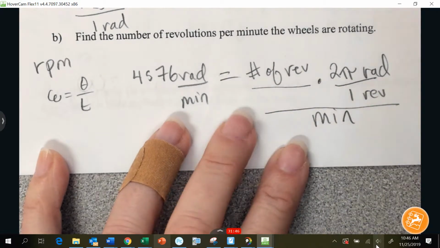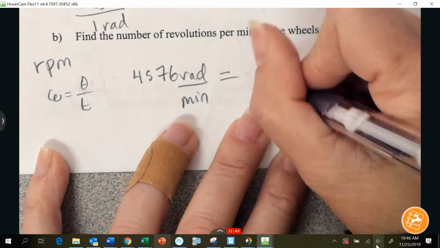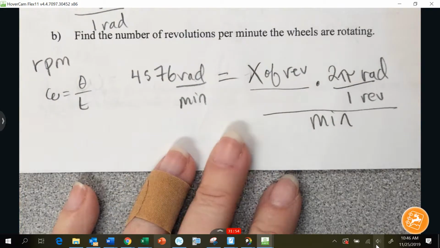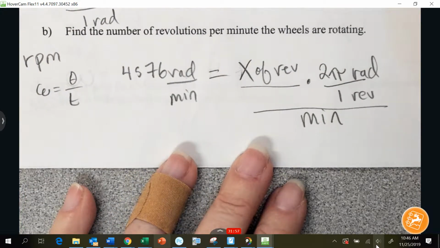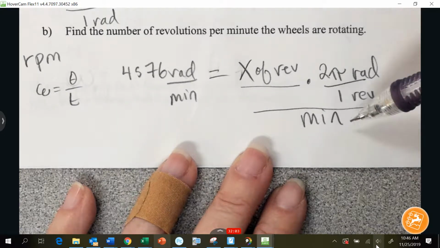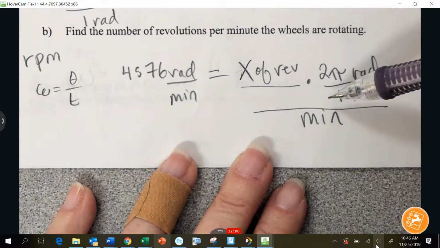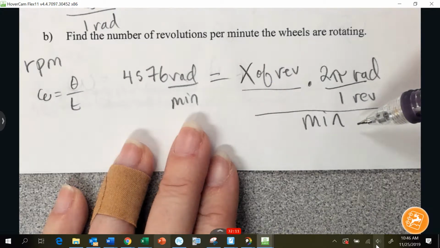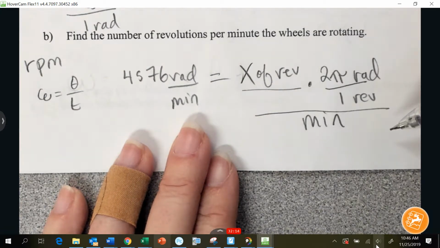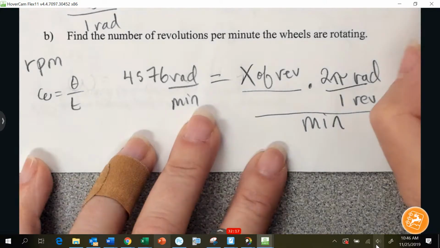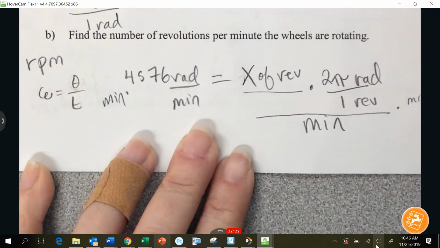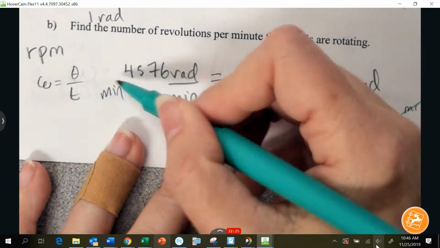The number of revolutions is an unknown. So instead of calling it hashtag, how about I just call it X? I want to get rid of minutes. It's kind of like the furthest thing out. What could I do to both sides to get rid of minutes? It's just like solving an equation. It's divided. Let's multiply both sides by 1 minute. Both sides of the equation. When you multiply by 1 minute, they cancel. That's gone.